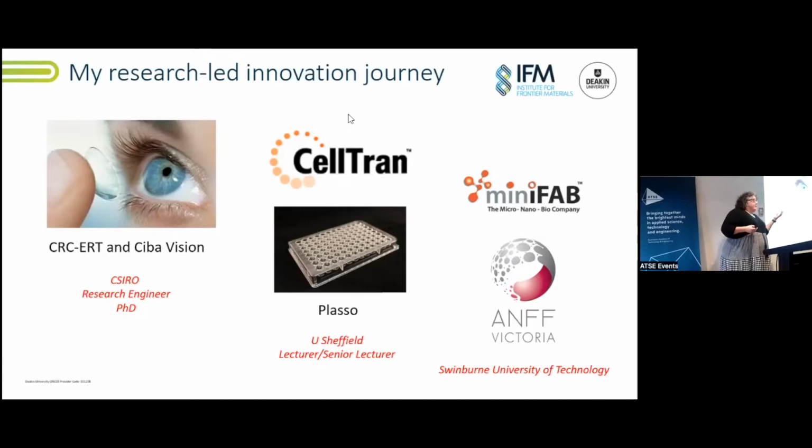The other end was working on surface coatings for tissue culture polystyrene, things that don't grow, which we like. And this was with the company that was spun out of Sheffield as well, called Plasso. And they developed a coating that enabled glycosaminoglycans, GAGs, to be stuck onto tissue culture polystyrene to study how the GAGs and the proteins then interacted.